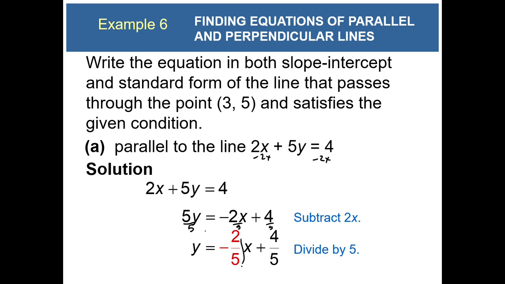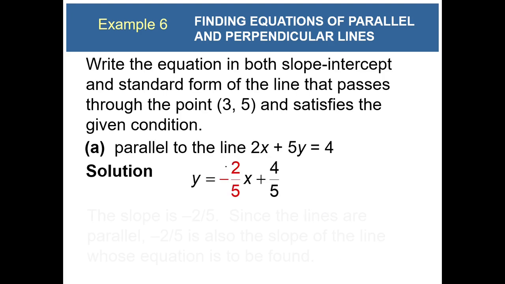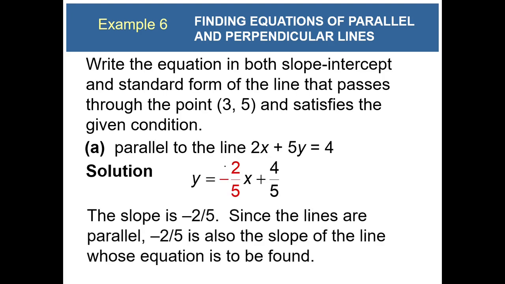Since the slope is -2/5, and I want my line to be parallel to that, we're going to use the same slope. Since the lines are parallel, -2/5 is also the slope of the line whose equation is to be found.